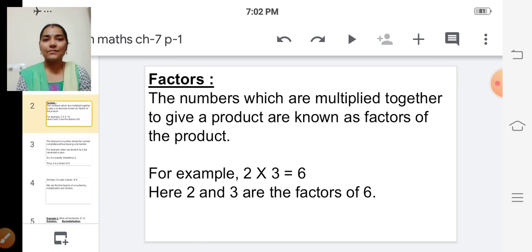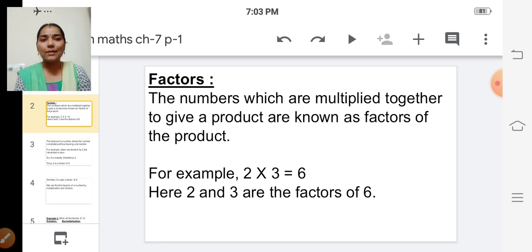So factors. If we see the multiplication, the numbers that are multiplied to get a product, those numbers are called factors of that product. Okay, see, the numbers which are multiplied together to give a product are known as factors of the product.